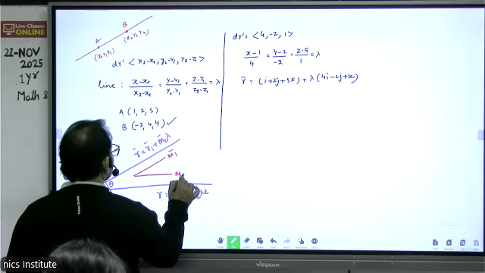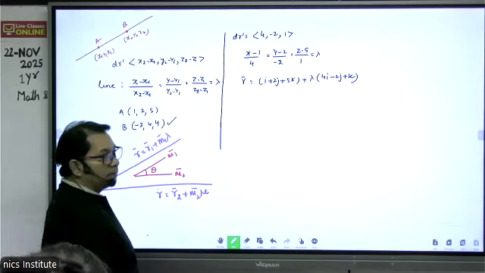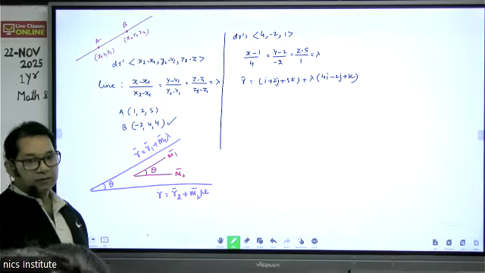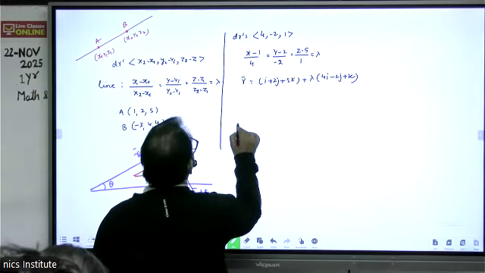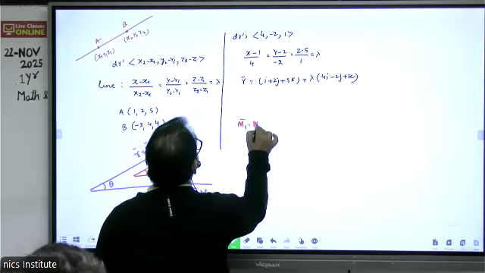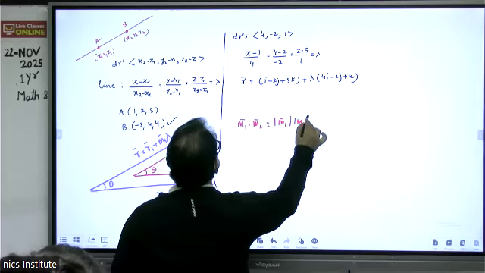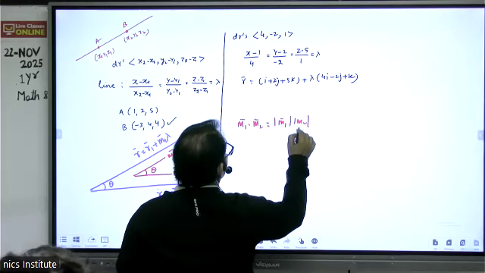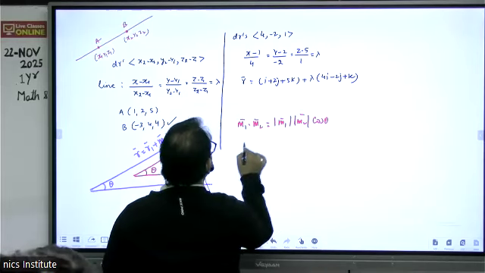That means angle between m1 and m2 will be the same as angle between the two lines. So we can find dot product of m1 m2. So that gives you cos theta.